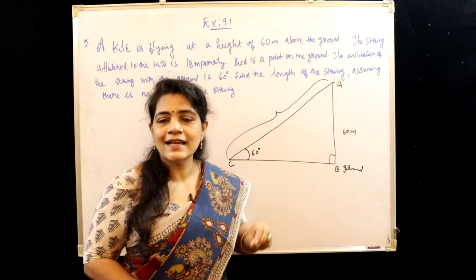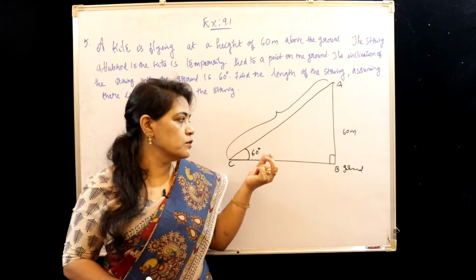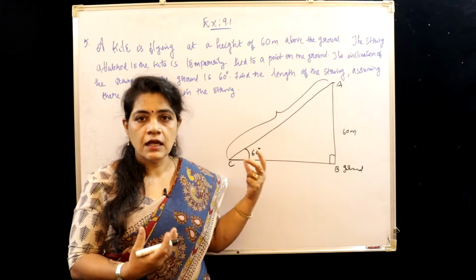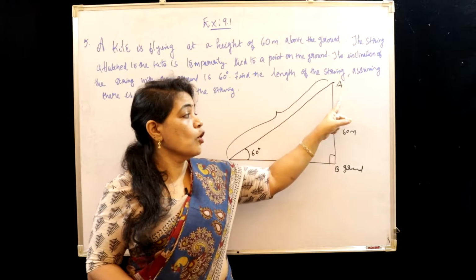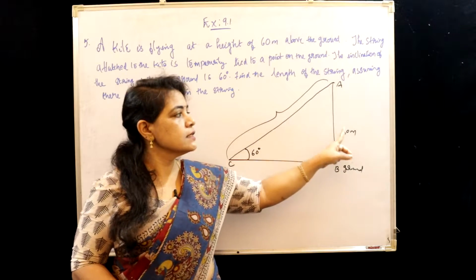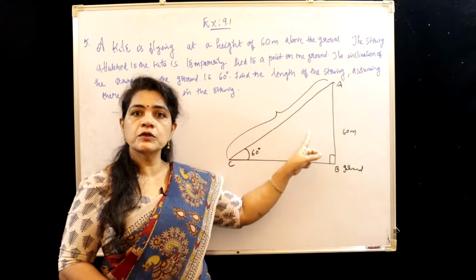That means we have to select a trigonometrical ratio using a specific angle, that is 60 degrees, the angle of inclination, that is the angle of elevation. Here this opposite side with respect to this reference acute angle is the opposite side, and this is the hypotenuse, opposite to 90 degrees.